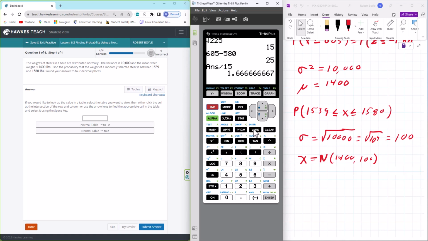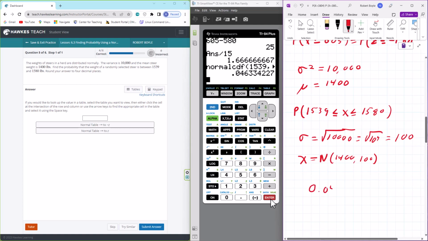We want to go into distribution, normal CDF. What's our lower limit? 1539. What's our upper limit? 1580. What is our mean? 1400. What is our standard deviation? 100. And that gives us an answer of 0.0463.